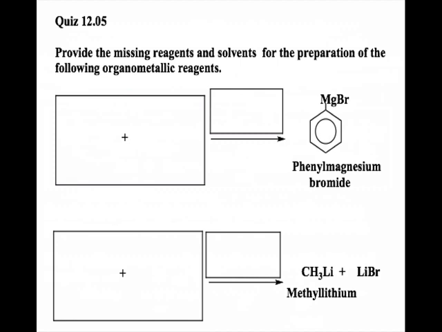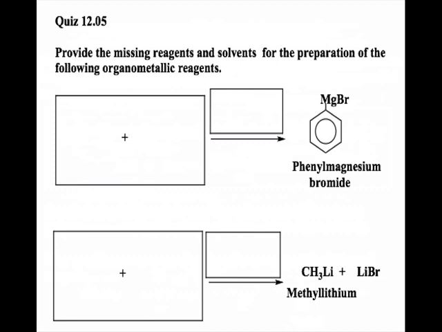How would we prepare these reagents? What do we need to make the phenylmagnesium bromide?